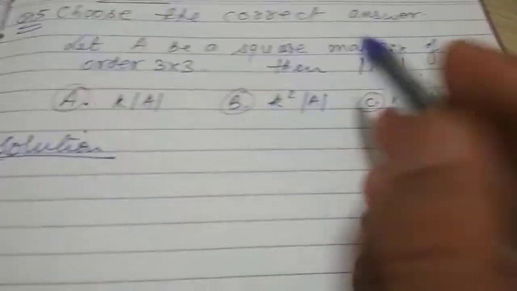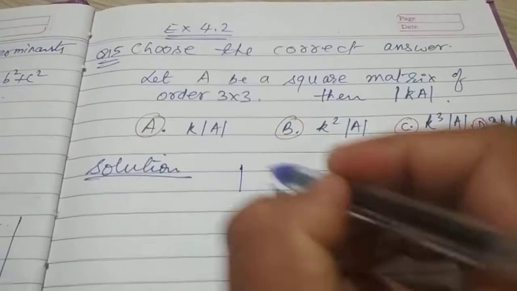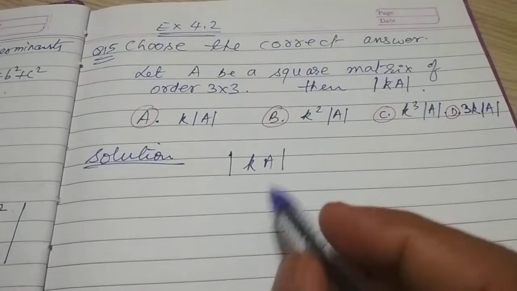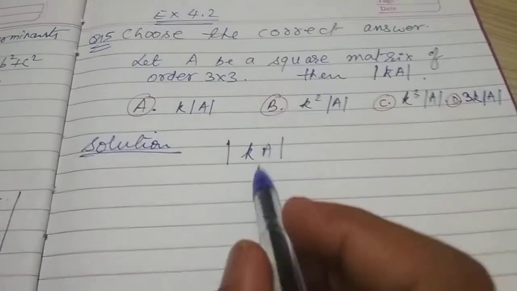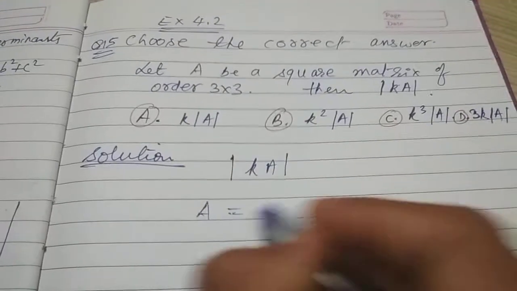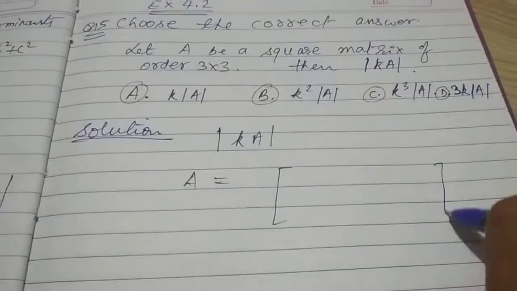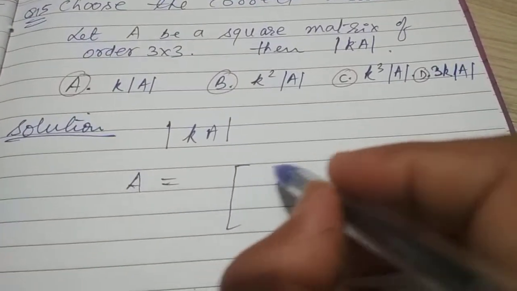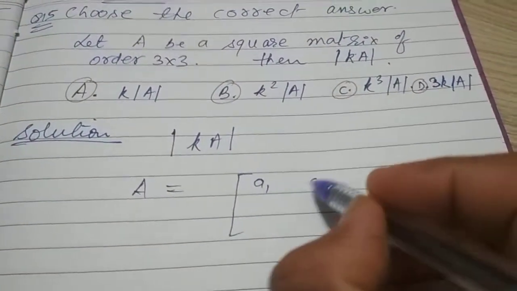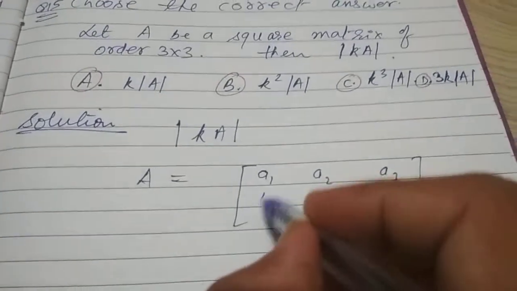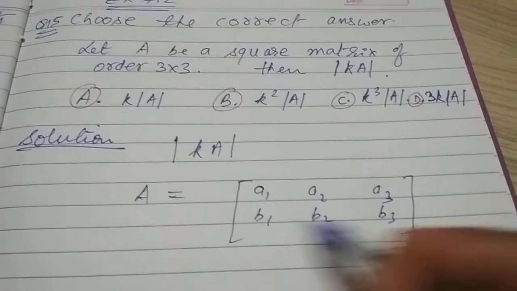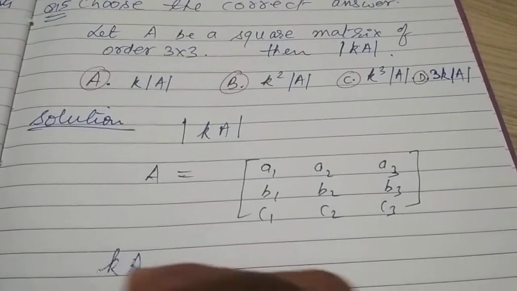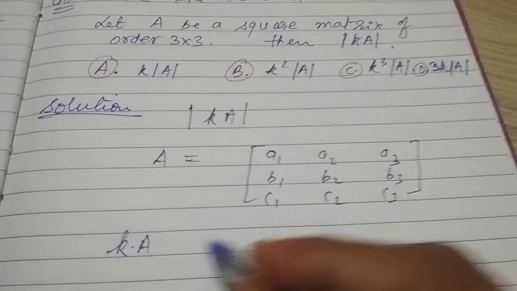So they are asking the determinant of k times A. Let us take an example. A is some matrix. I wanted to explain this problem. Suppose there is one matrix A, with rows A1, A2, A3, B1, B2, B3, C1, C2, C3. I am multiplying this matrix A with k.